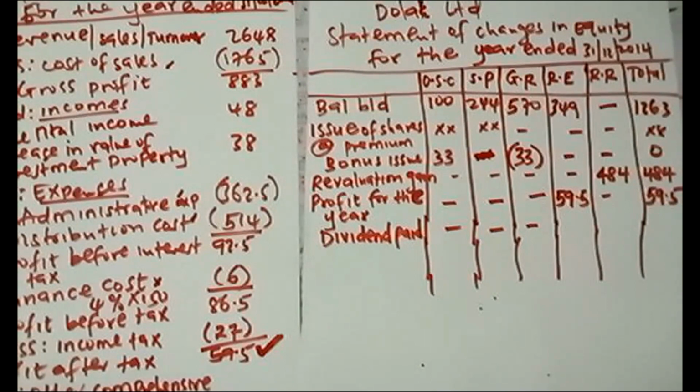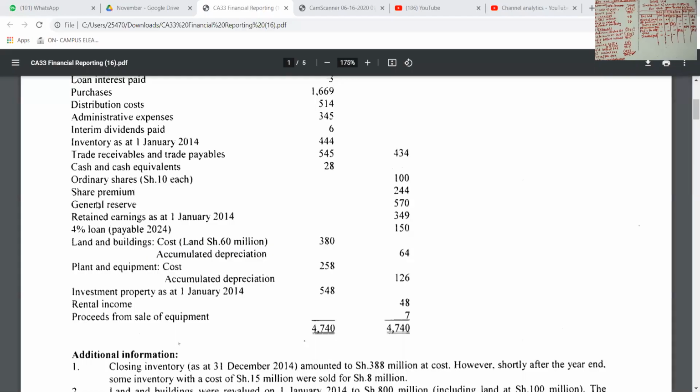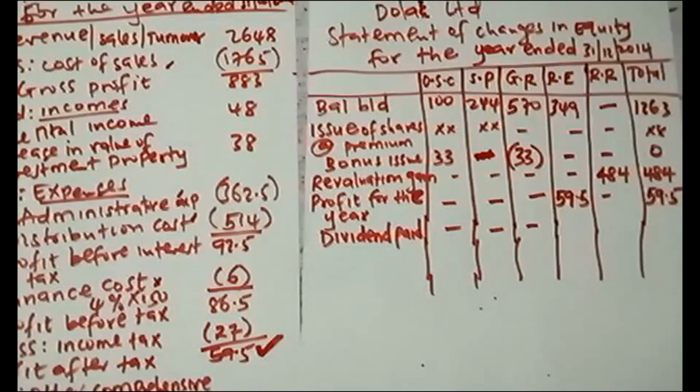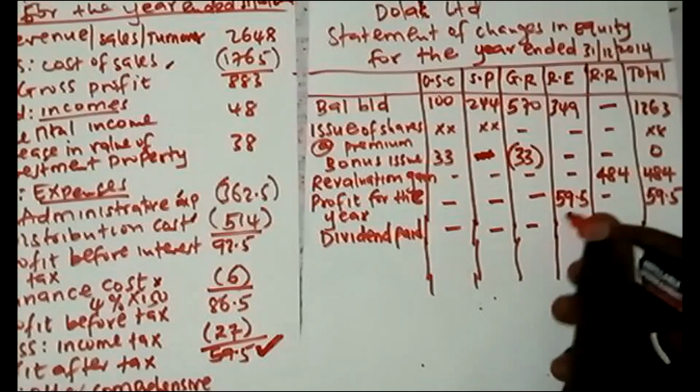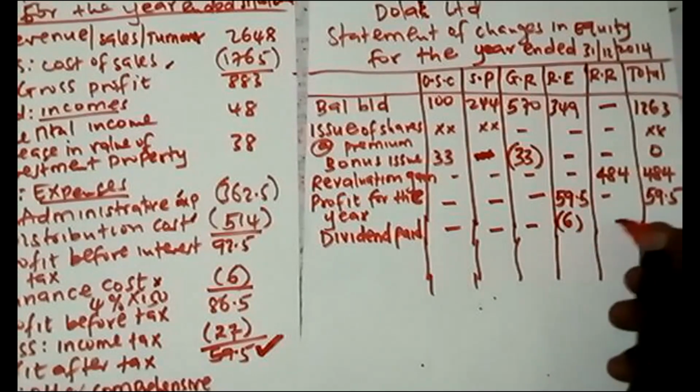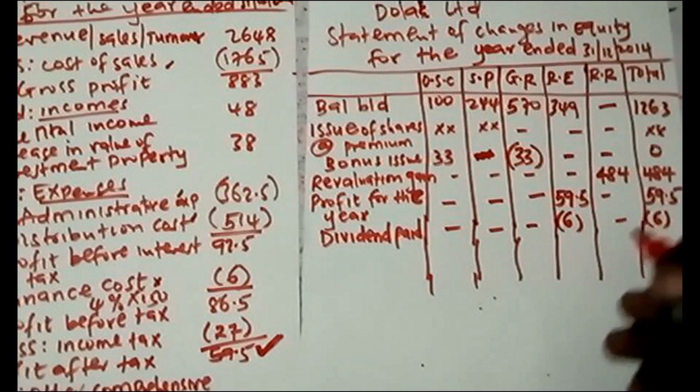You can see interim dividends paid of 6, and it goes to the total.